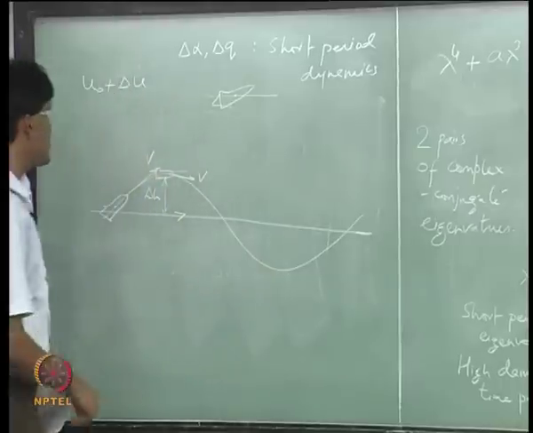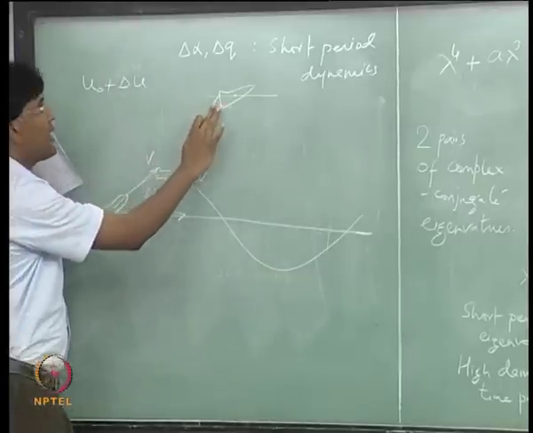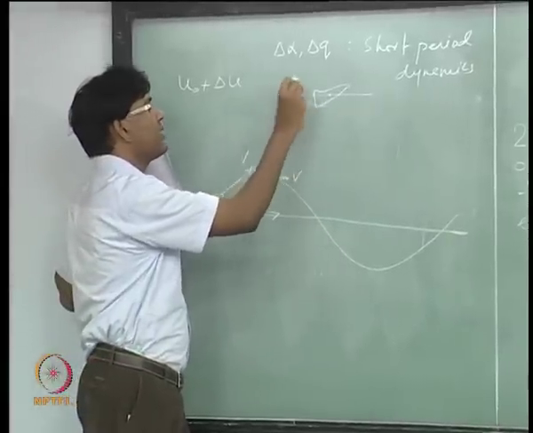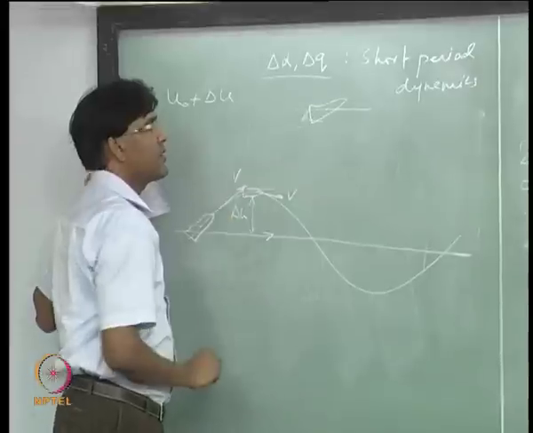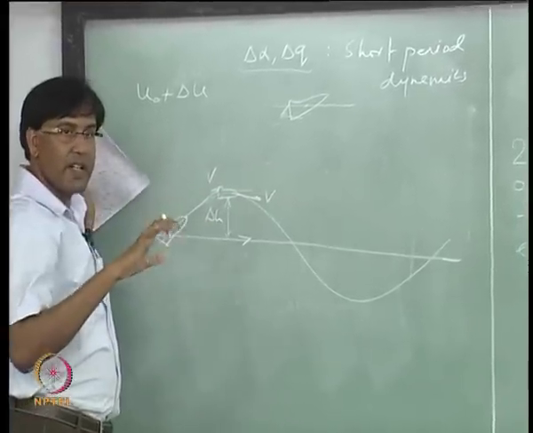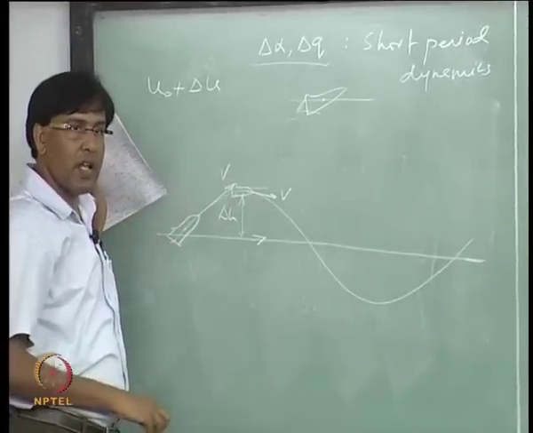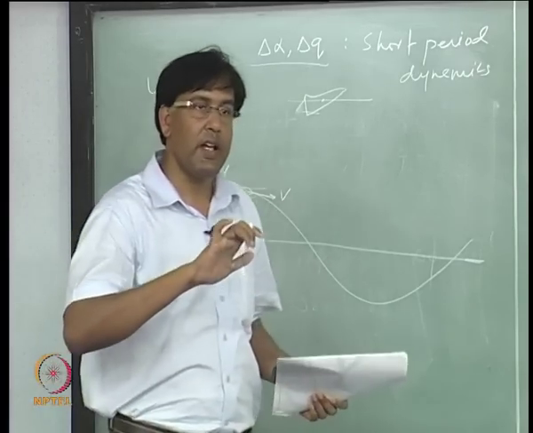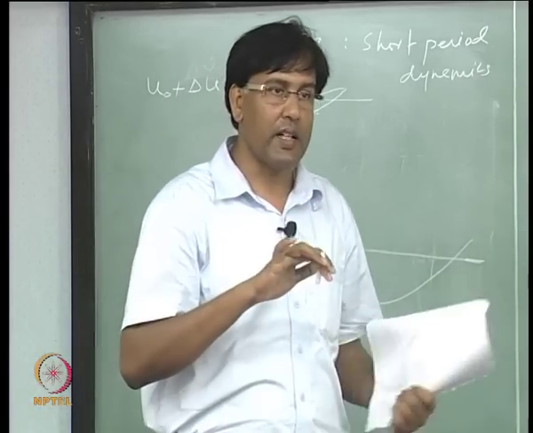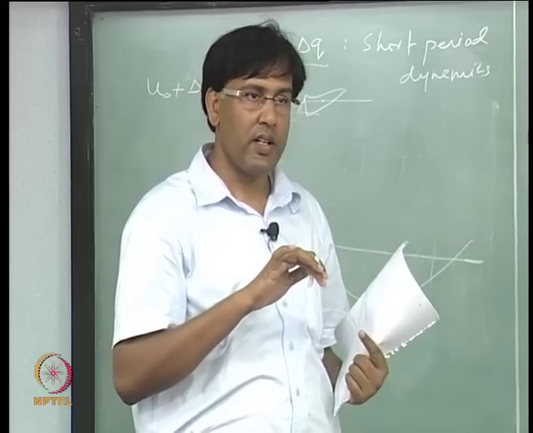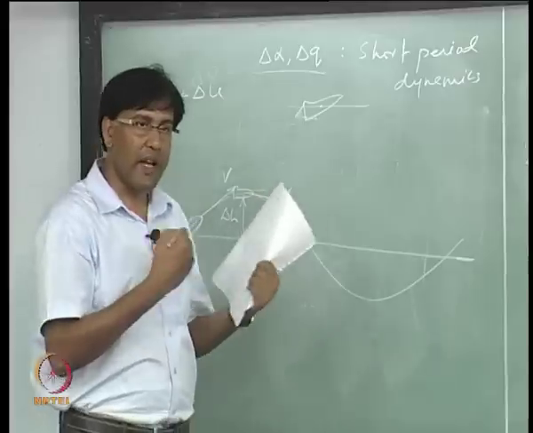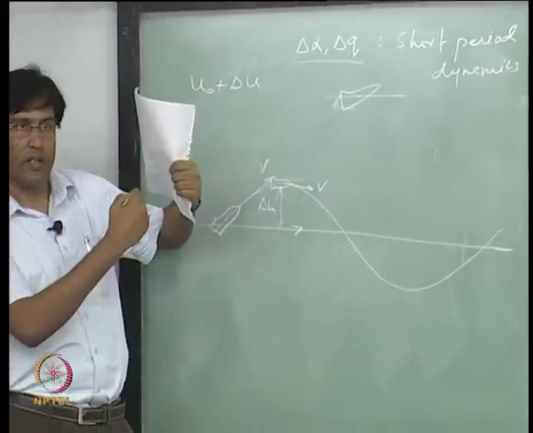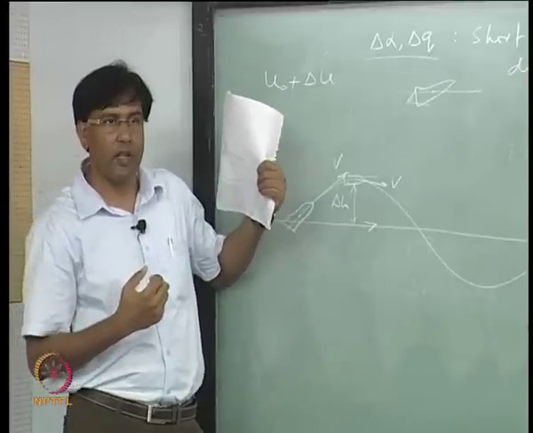So what we will do is make the assumption that the short period dynamics can be represented by a pure pitching motion, and the phugoid motion can be represented by change in flight path angle and the forward speed. We can make these assumptions, assuming that these two dynamics are well separated.